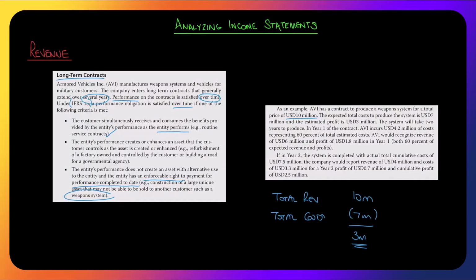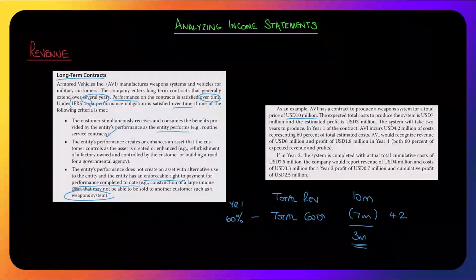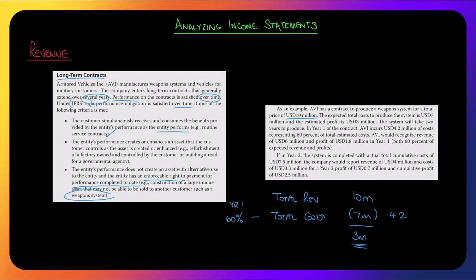In year 1, AVI incurs 4.2 million of costs, representing 60% of the total estimated costs. So 4.2 in year 1. On a cost basis in year 1, that is 60%. AVI would recognize revenue of 6 million. Why?